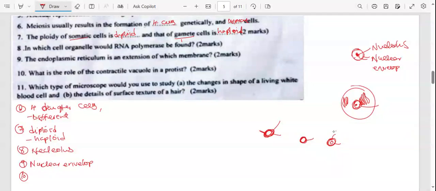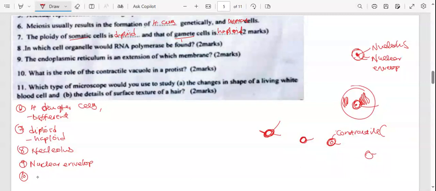They would have burst, but because of the presence of the contractile vacuole, it contracts. Also the cell structure is made up of some proteins or fibers that are strong, hard, and resistant to damage. So the contractile vacuole inside it is what actually prevents it from bursting.